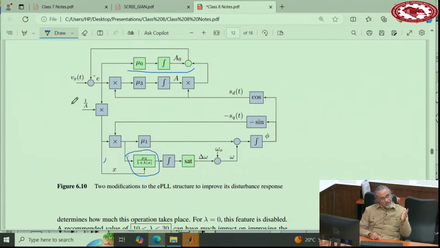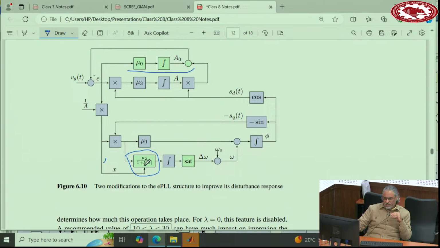So in the actual power grid, in actual voltage, frequency did not change, only phase changed. But in the PLL, frequency also changes. So what it does basically, it says during that time that the error suddenly changes, I will decrease the gain of the frequency loop, so I will not allow the frequency to change.